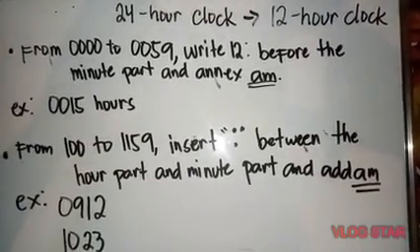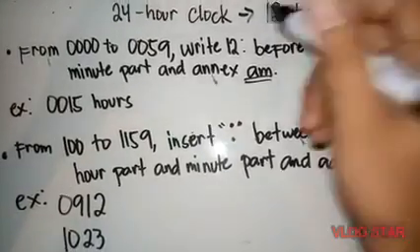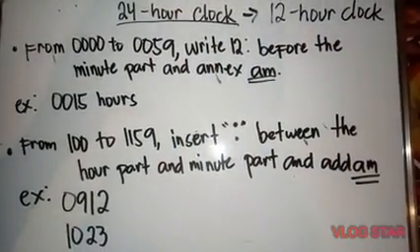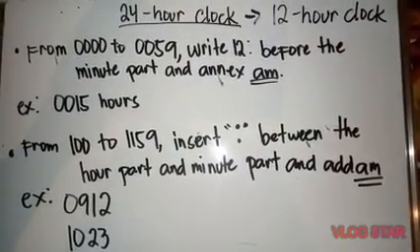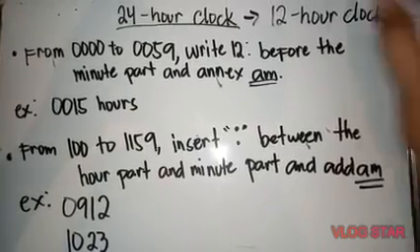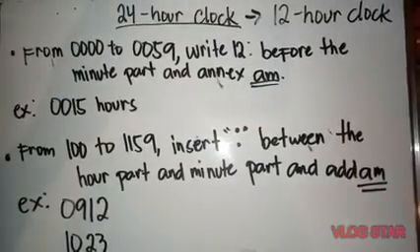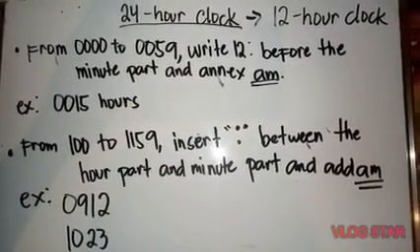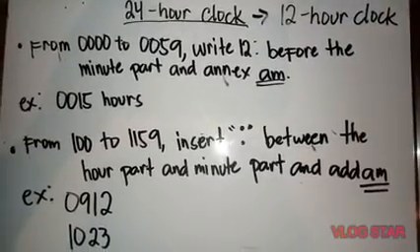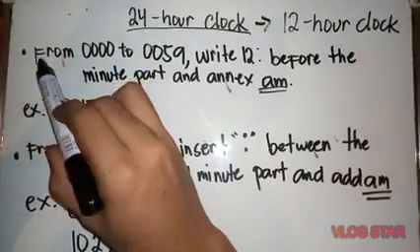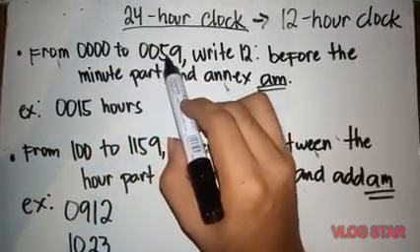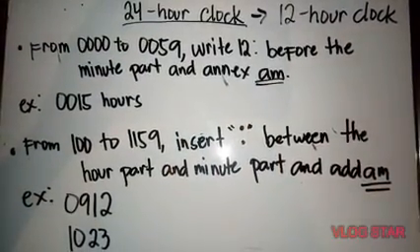If you are asking for the military clock, it is the 24-hour clock. So I will teach you how to write 24-hour clock into 12-hour clock, because what we are using is the 12-hour clock. The first one is from 0000 to 0059 hours.